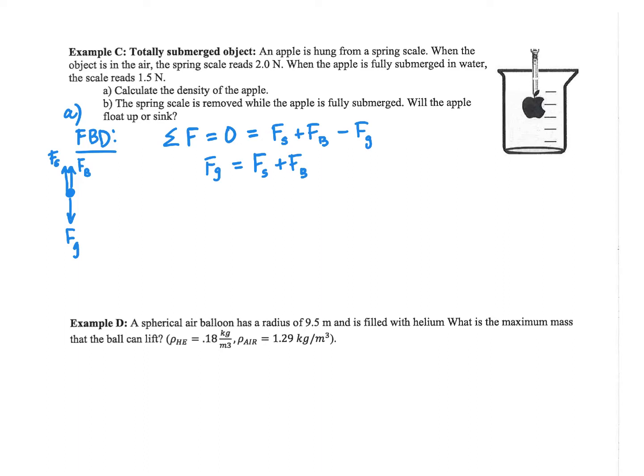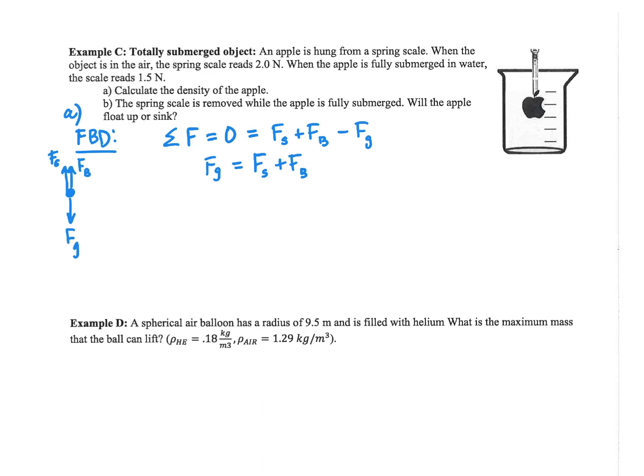Do we know F sub S? Yes, we can, because it says it's 2 initially, and when it goes in the water, it's 1.5. Well, we know the weight of the apple too, don't we?